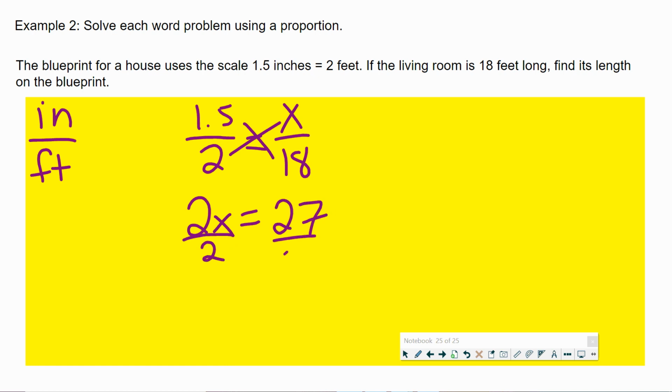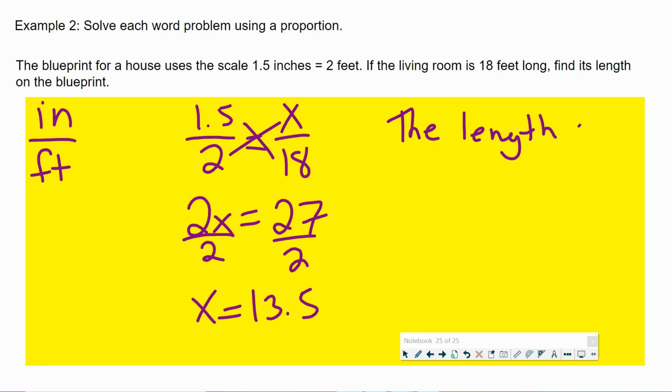Divide by 2, x equals 13.5. So find the length on the blueprint. So the length on the blueprint is 13.5 inches.